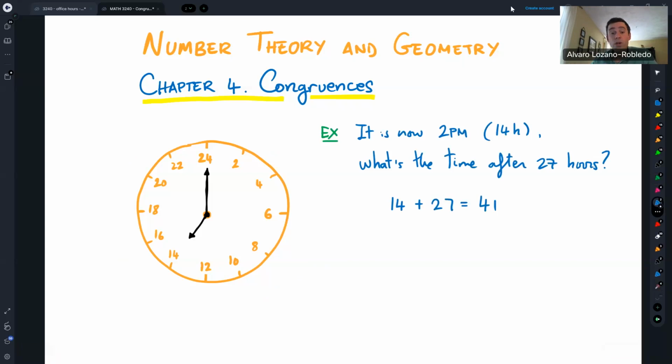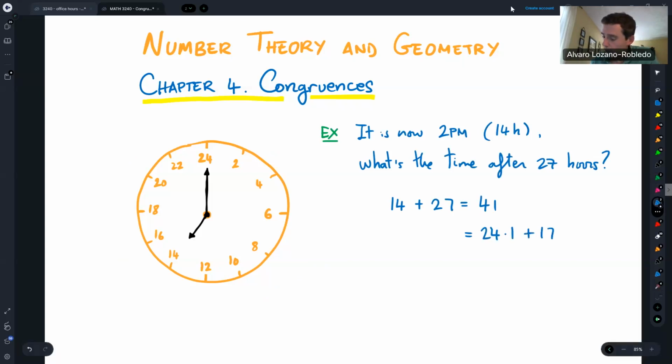So what we're going to do is reduce that modulo 24, or in other words, do a long division by 24, because when I do a long division by 24 or subtract multiples of 24, I subtract entire days, and then I'm going to see what time it is afterwards. So 41 is 24 times 1 plus 17.